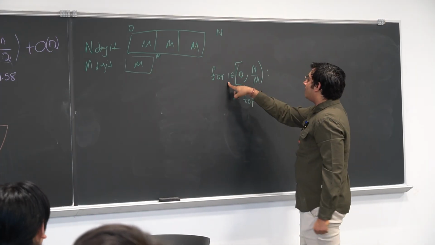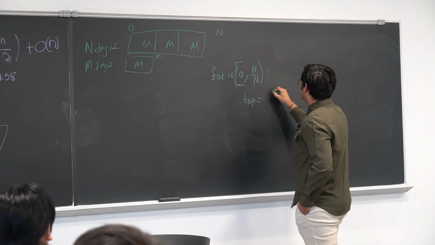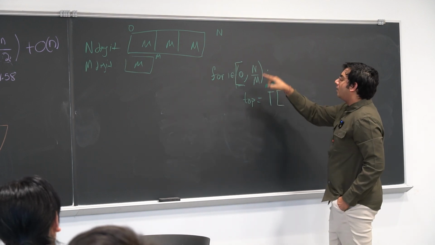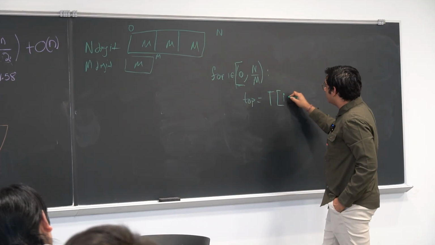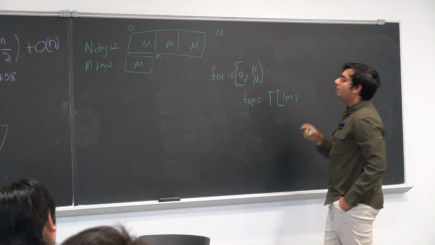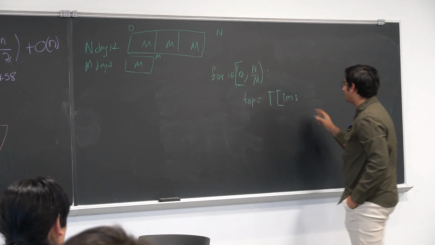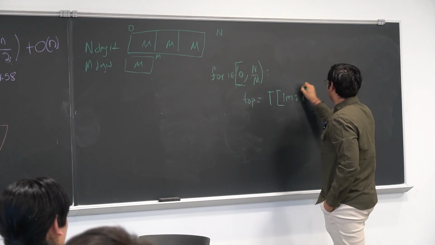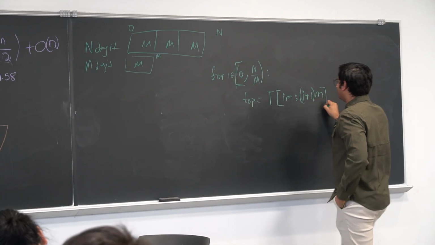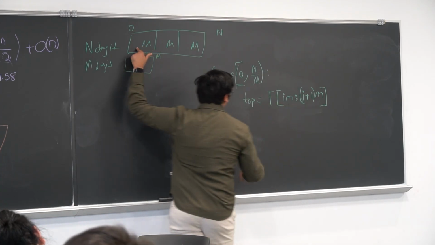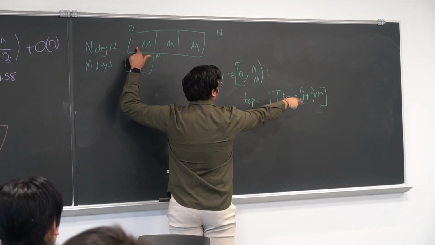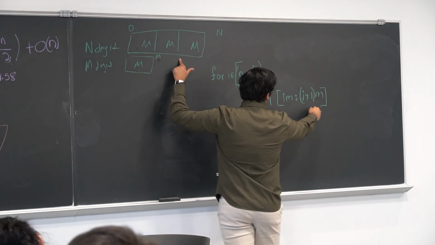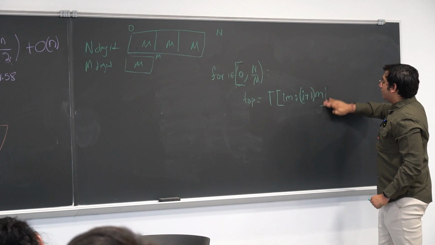So it's going to be from index i times m to i times m plus m, which is (i plus 1) times m. Let's check that again. On iteration 0, I go from 0 to m. On iteration 1, I go from m to 2m, roughly. I can put a minus 1 here.